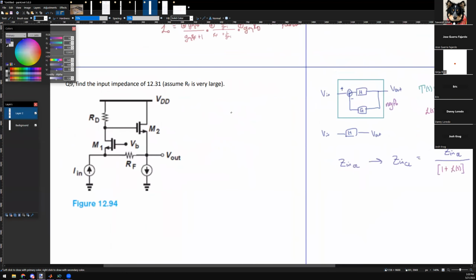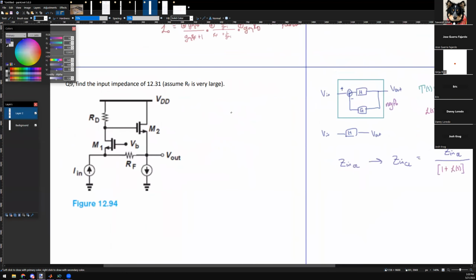So what do you guys think Z in closed loop will be? It will be Z in open loop, and I'm going to divide by the factor 1 plus LS, right? Which is equal to Z in open loop divided by 1 plus LS, which in this case, LS is equal to negative RD over RF. And this guy's going to be equal to 1 over GM1 divided by 1 minus RD over RF.